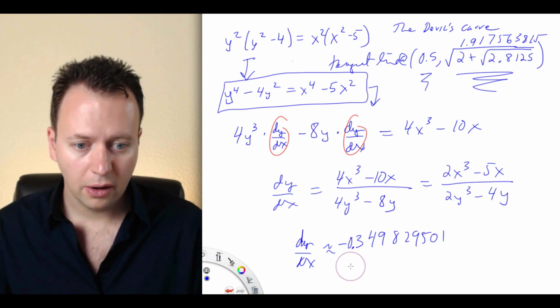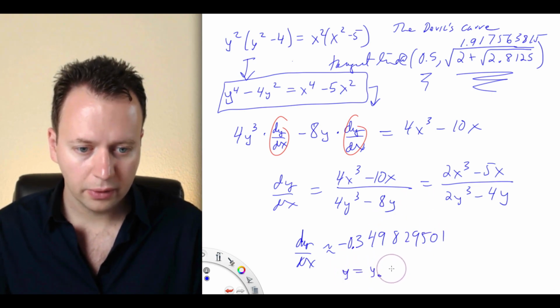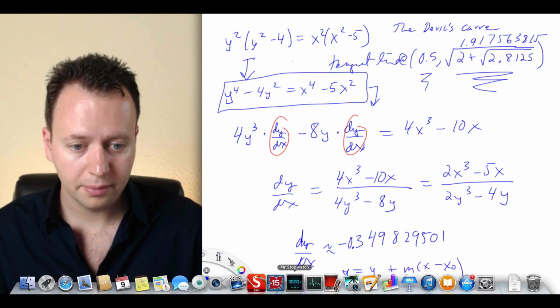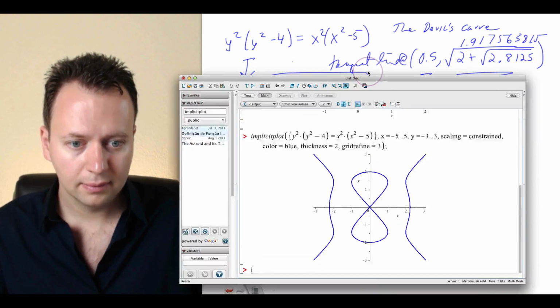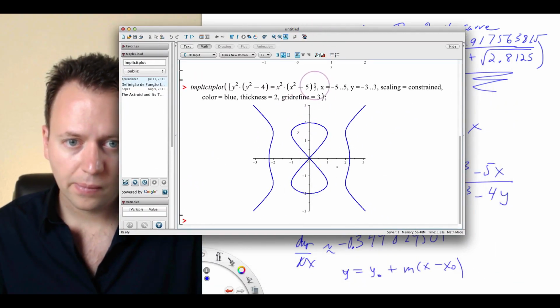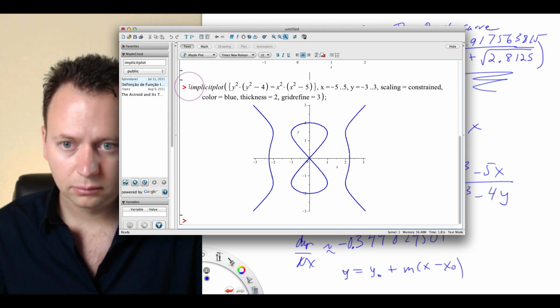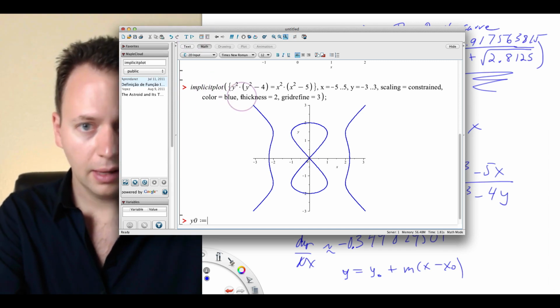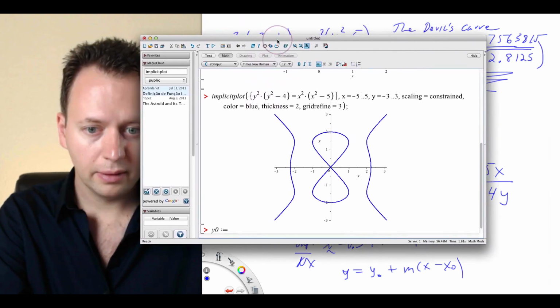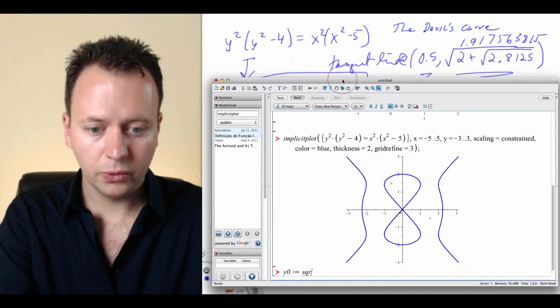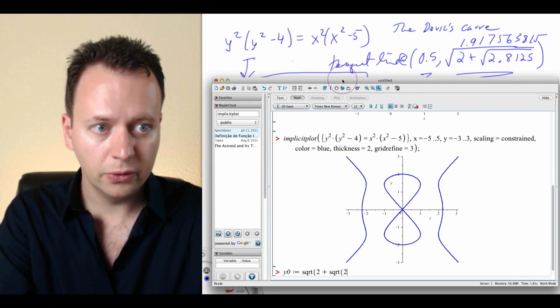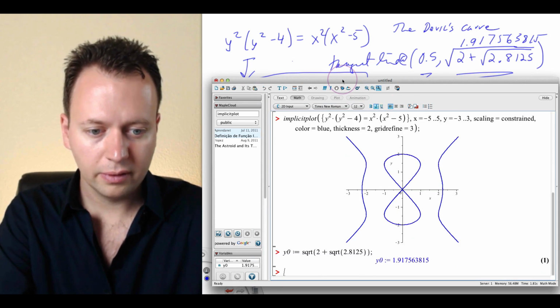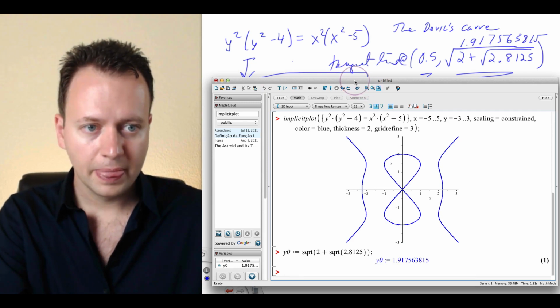And then our equation is going to be y0 plus the slope times x minus x0, point slope form. So let's actually store y0. y0 was the square root of 2 plus the square root of 2.8125. Okay, and then the slope.